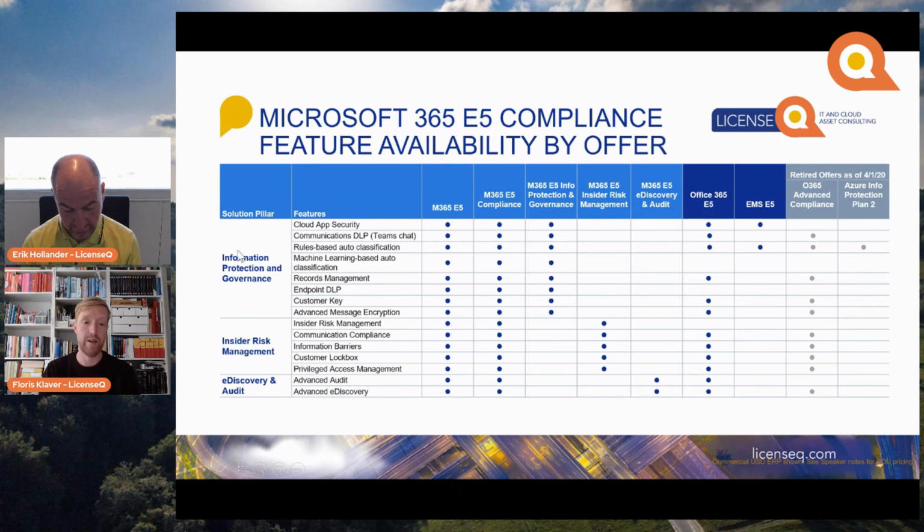And in that suite, they created three smaller suites called Information Protection and Governance, Insider Risk Management, and eDiscovery and Audit. Microsoft felt that these grouped products were what you would need as a bare minimum, and you wouldn't need just one of these services.